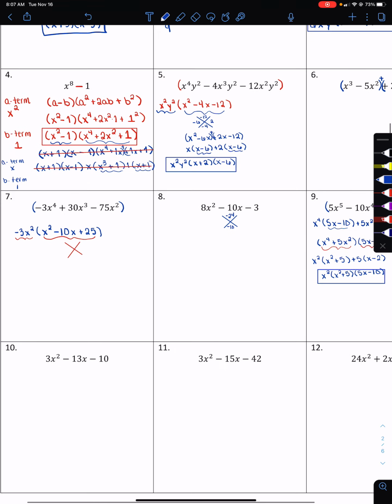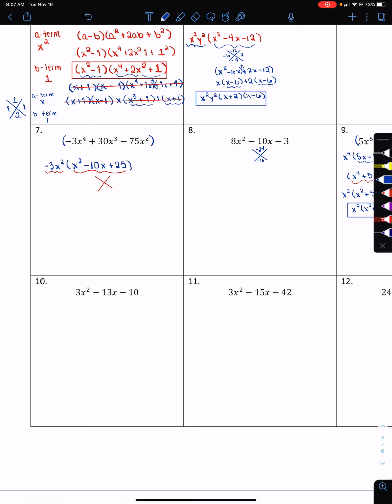All right, let's go down to number 10. Using the diamond method, is there anything that can multiply to negative 10 and add to negative 13?